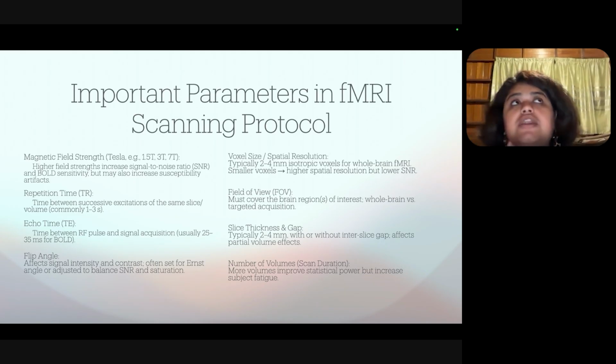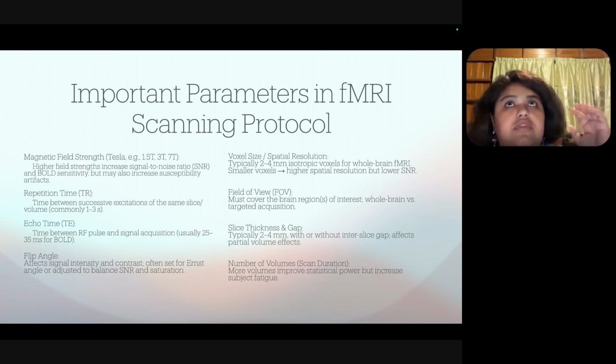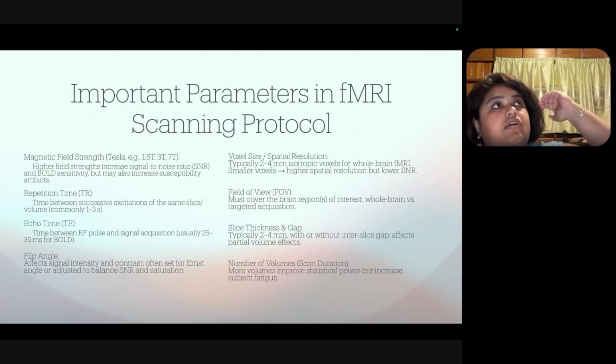Other than that, we have slice thickness. During the scan, the machine will slice your brain up in multiple pieces, right? Suppose, in terms of the data you are collecting, your brain has 100 slices. Now, are all these slices important?